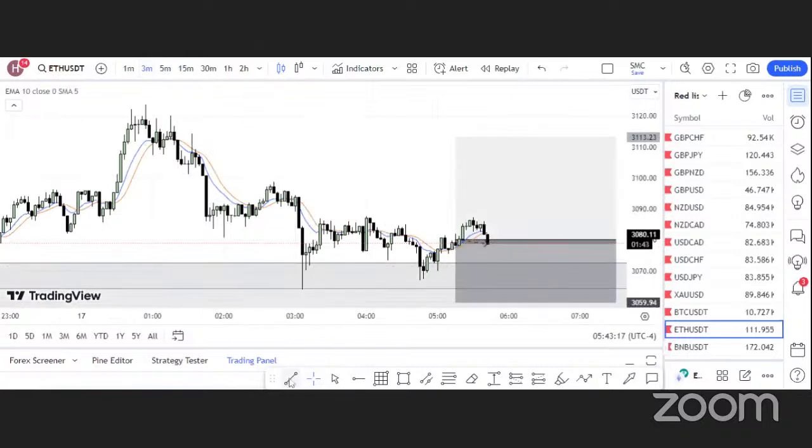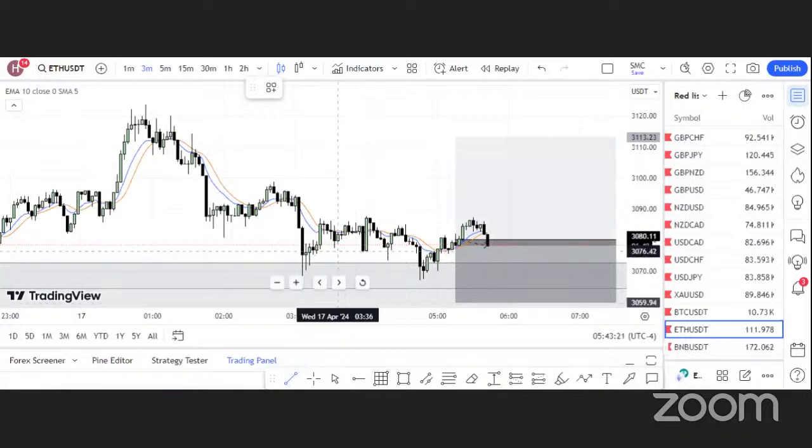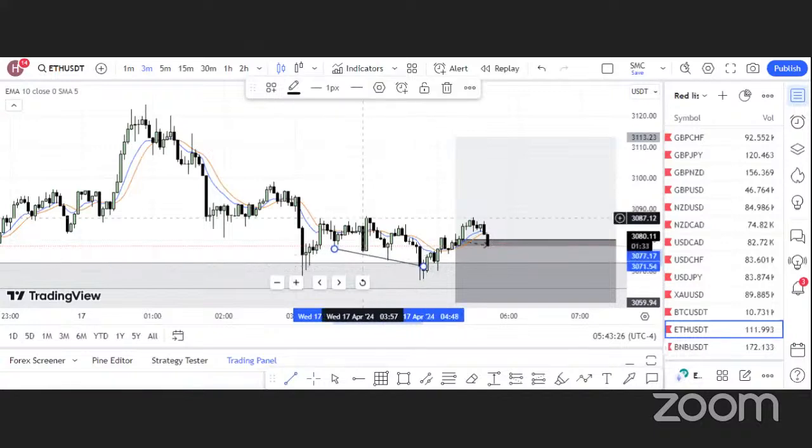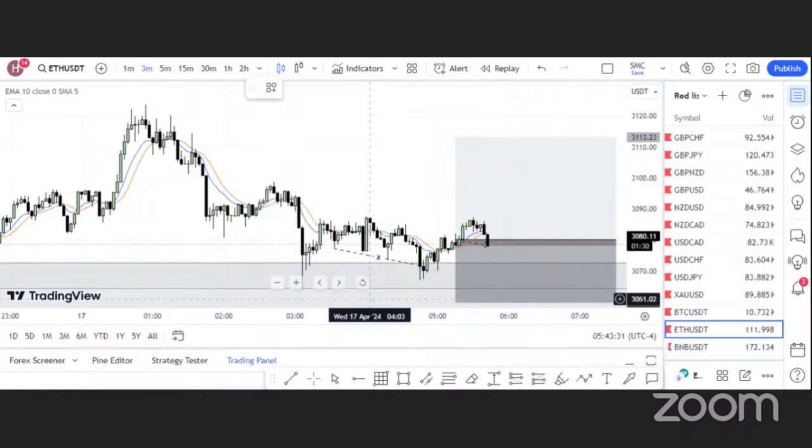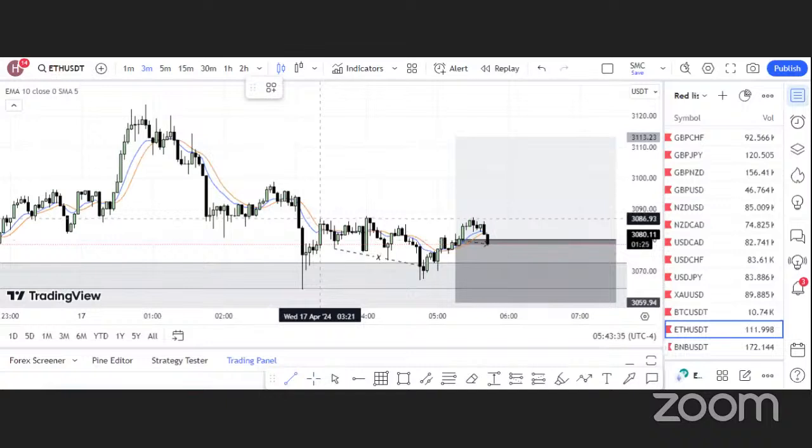So you see, on Ethereum, all these zones are liquidity zones. The market took out liquidity around this level, and then we have the market breaking structure from here.